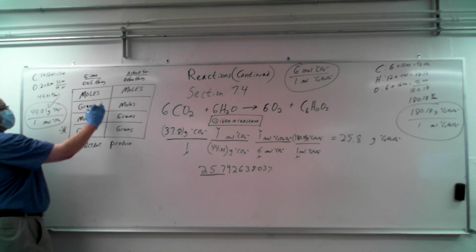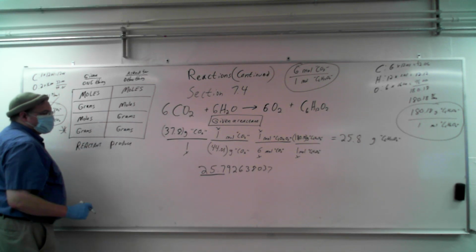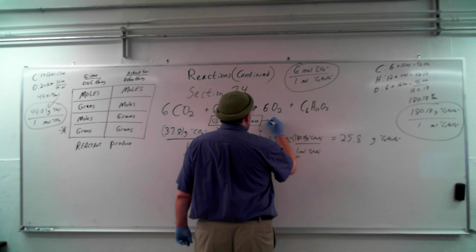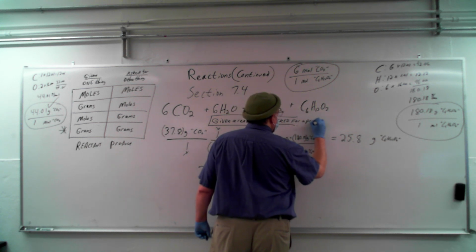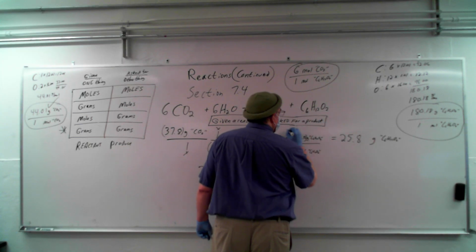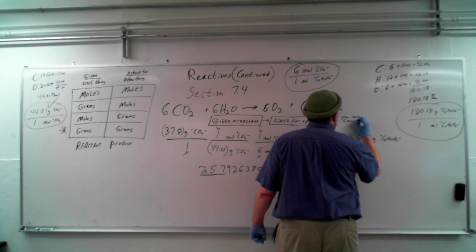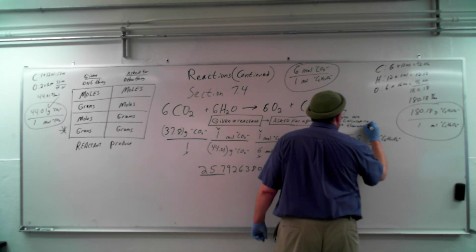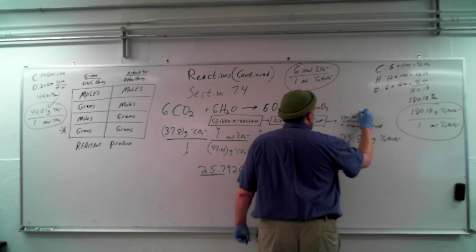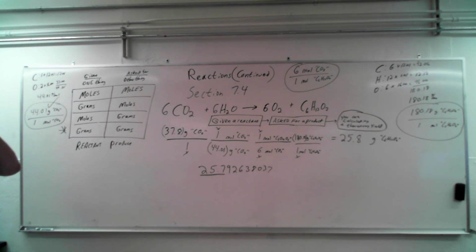So you've got reactant and product. If the one thing you're given is a reactant, specifically one of the reactants, and what you're asked for is a product, kind of small, but I mean that to be our next topic.